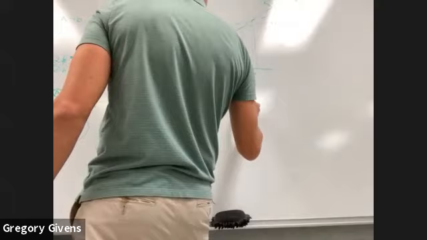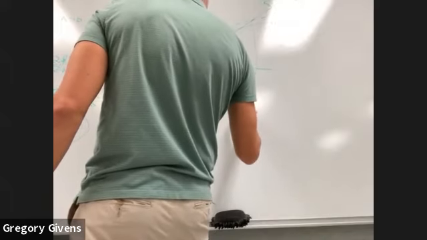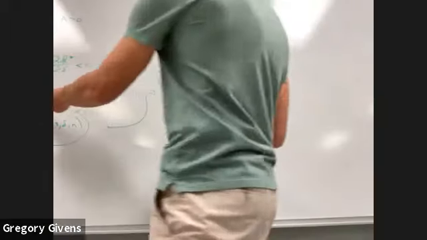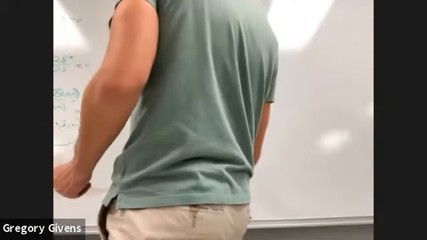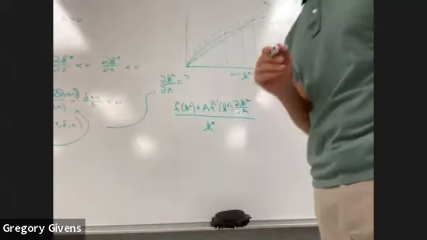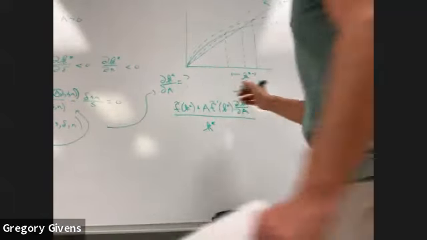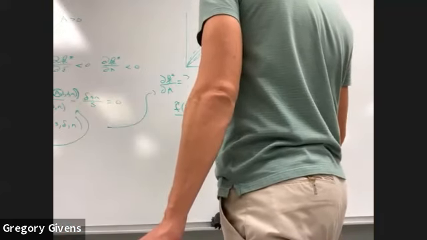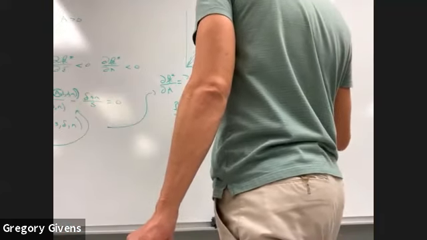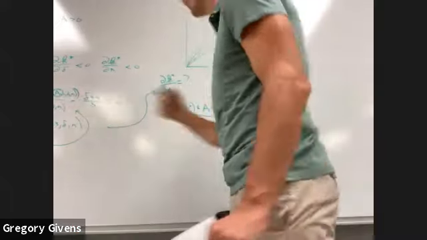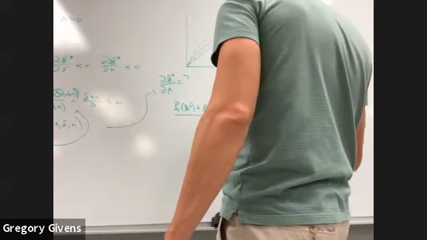So that's the partial of K star with respect to A. All of that divided by K star, minus A F tilde of K star over K star squared.